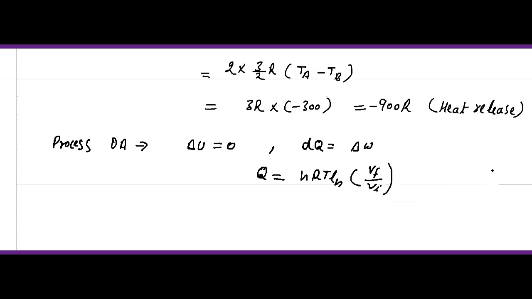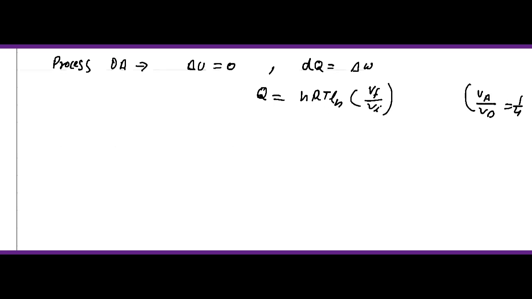In that case we take VA upon VD, so that means it is equal to 1/4. Now we calculate this term: 2R into 2.303 into 300 log of 1/4.